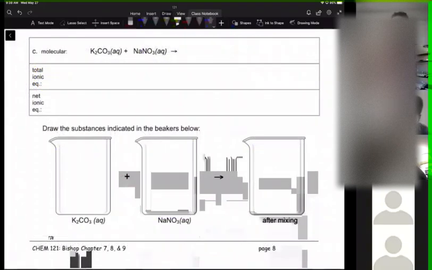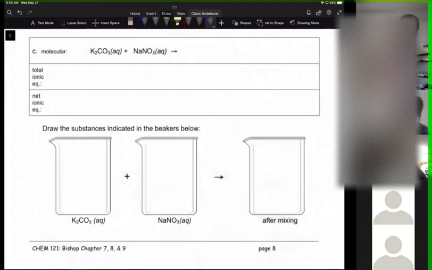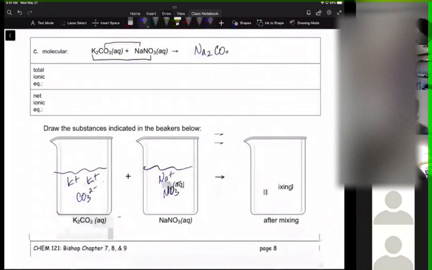So let's do C. Okay, so we want to predict the products. So we form our neutral products, we'll get some balancing coefficients.